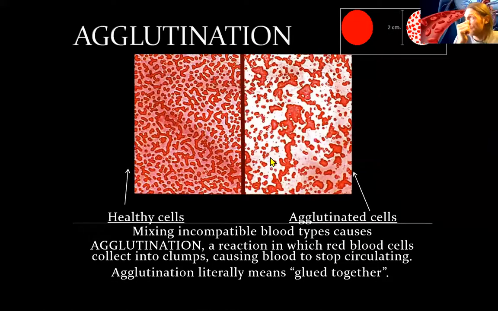Okay. A little word about agglutination. Agglutination is exactly what happens if you mix different kinds of bloods. So this is healthy cells, and this is agglutination. Agglutination is basically the antibodies that will destroy the red blood cells.